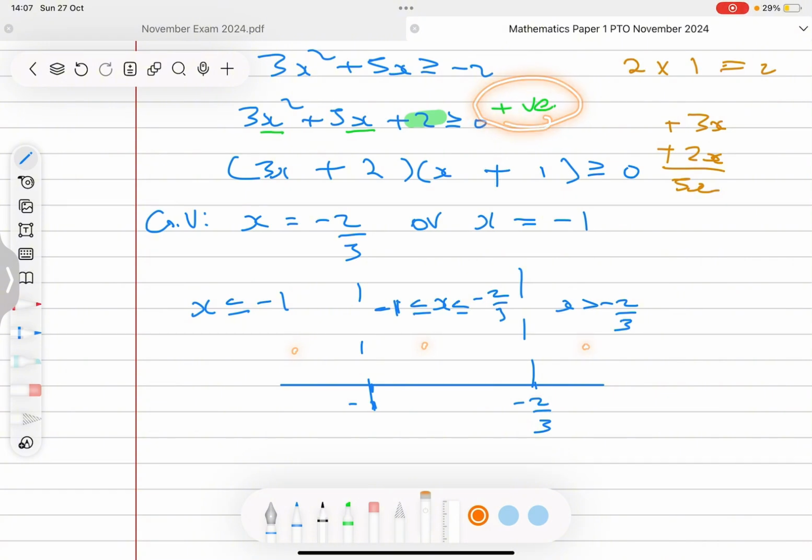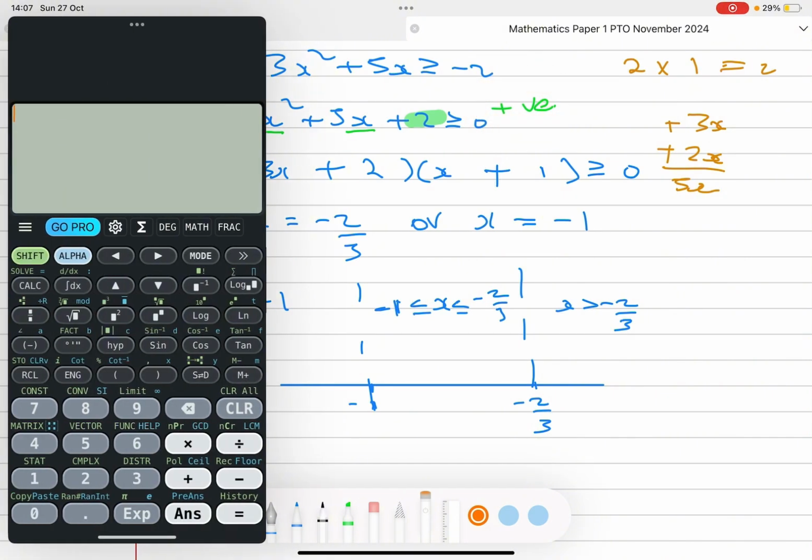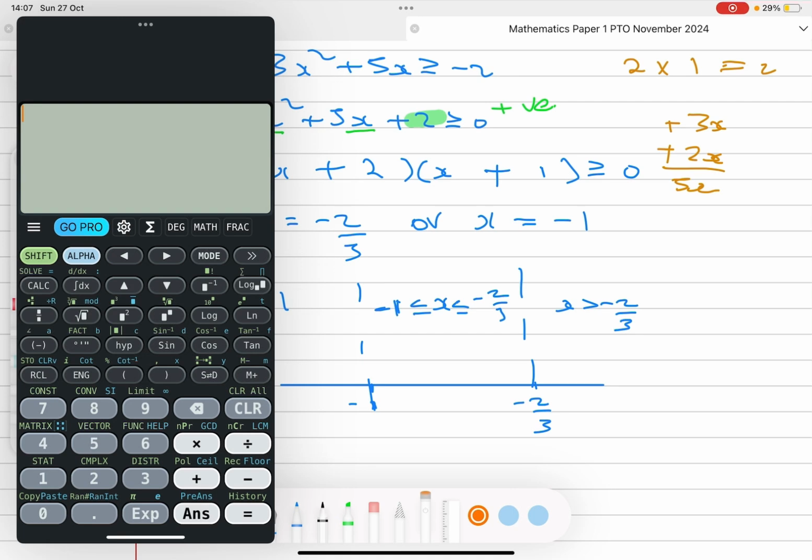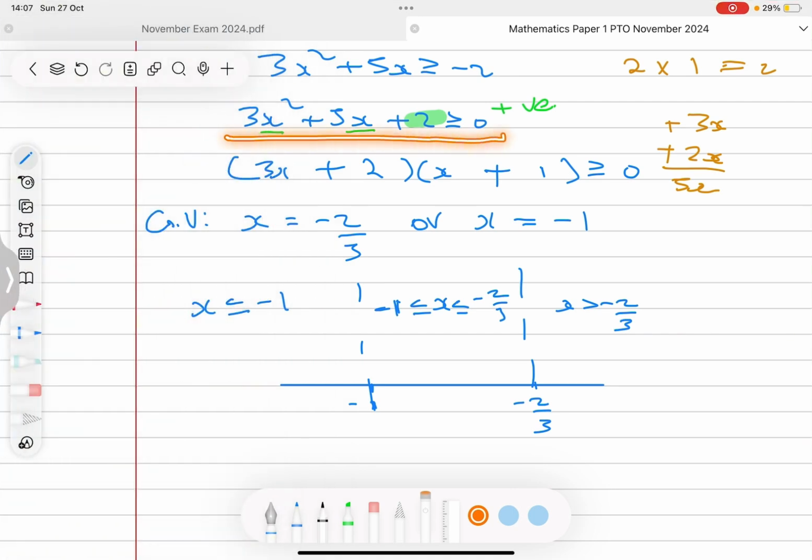To know that, we're going to use our calculator and take this expression here, and put the values in each of the intervals of x and see what number we get. Do we get a positive or negative number? In an interval where we get a positive number, that's where the values of x will satisfy this inequality.